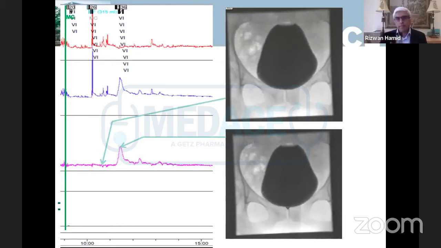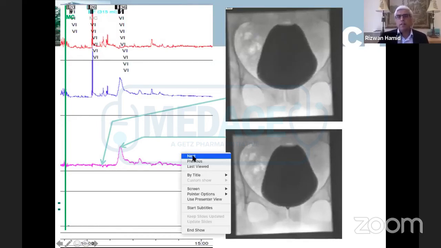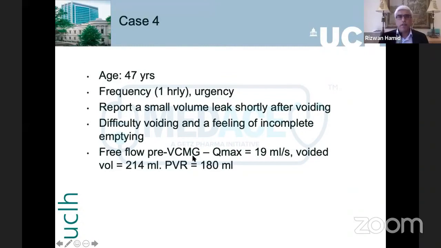That is the primary thing. But they will also comment if they see something else, what we call an incidental finding. The same thing happens here. Patients come with a complaint. We set up the urodynamics to answer the urodynamic question, but during the investigation, if we find another abnormality, then we report on it. So I'm going to move on to the next case.